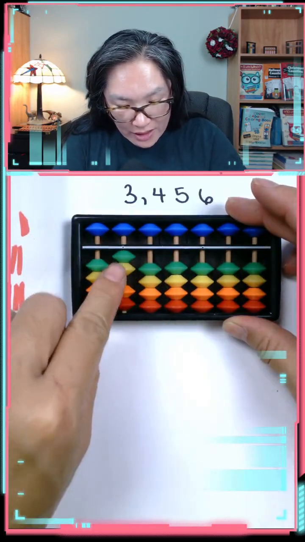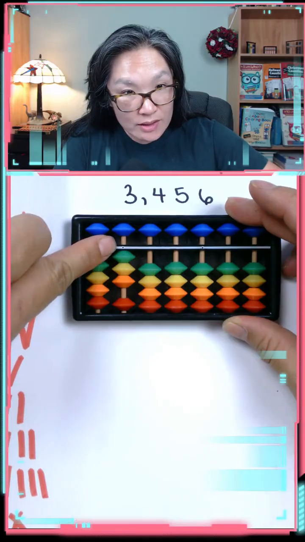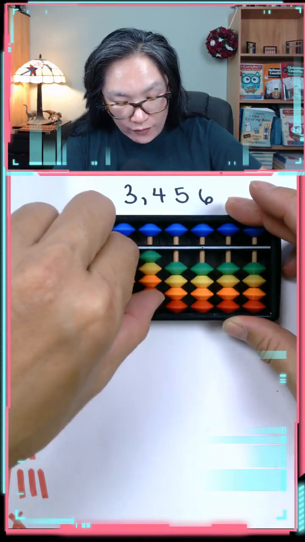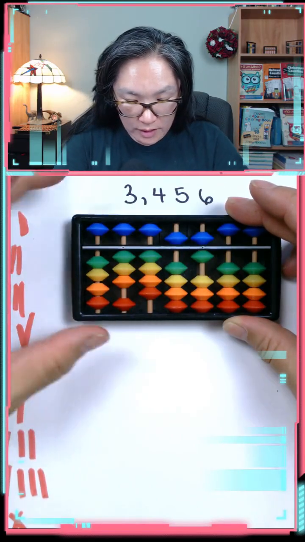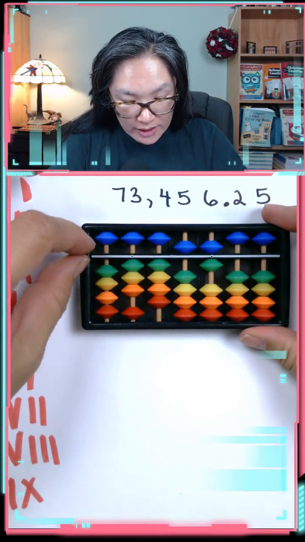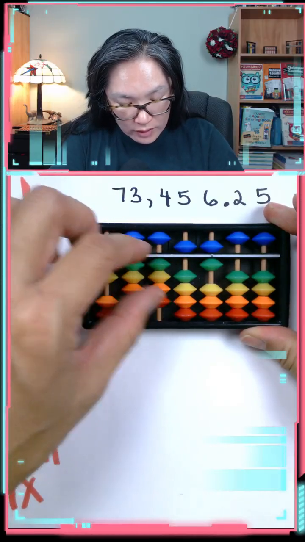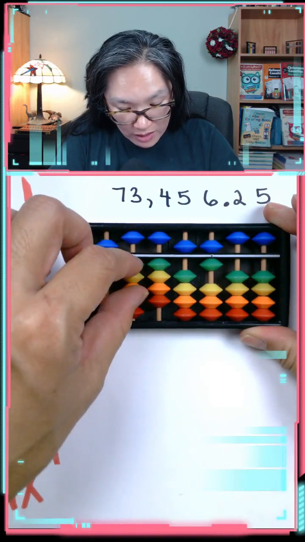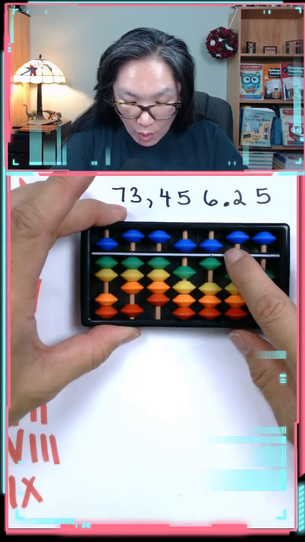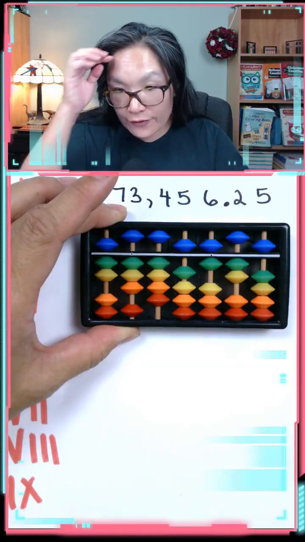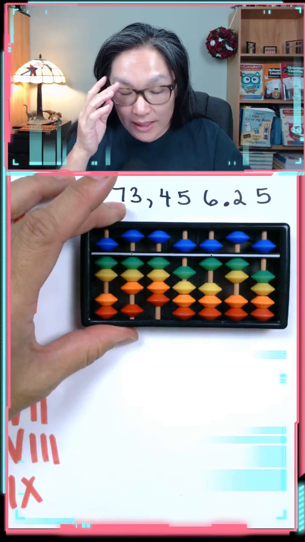See how the 3,000 has a comma? This is my thousands. There's my comma. 3,456, right? And then we have it again. 73,456.25.